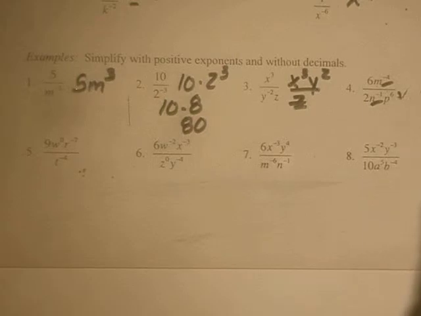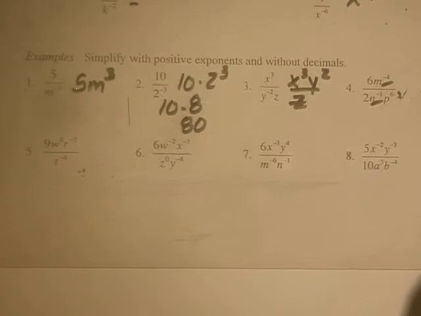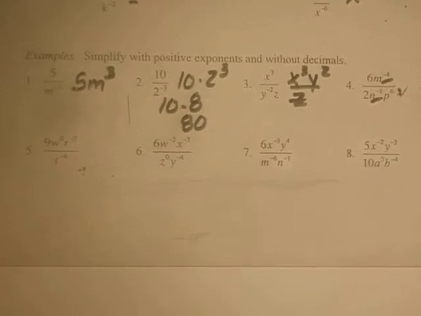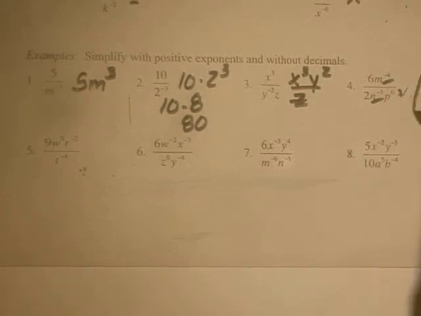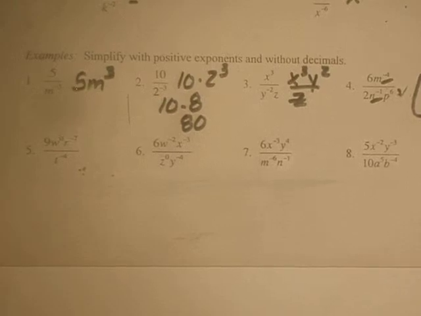Down here we have a 2. N will move to the top, and the p to the 6th stays on the bottom. And there's one more thing that we can do to reduce here. We have a 6 over 2. We can reduce these numbers, and we would have a 3n over m to the 4th, p to the 6th.